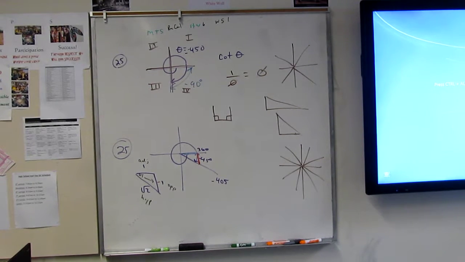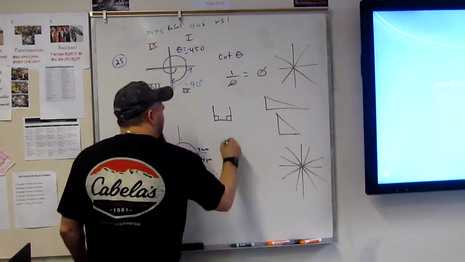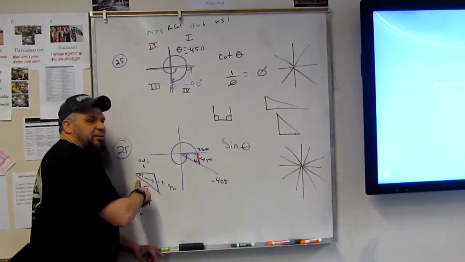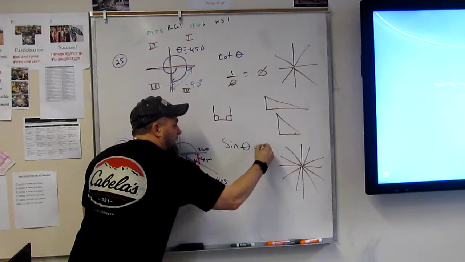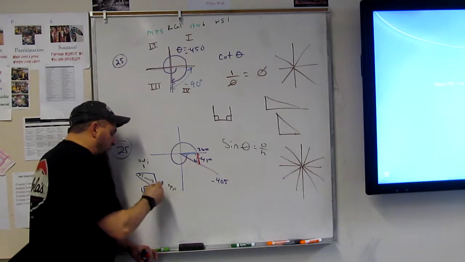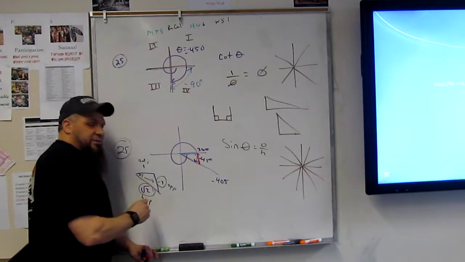Cotangent? Sine? Okay. So what hers wants is the sine of theta. And so the sine of theta is the sine of 45 degrees, which means opposite over hypotenuse, right? So we want opposite over hypotenuse.